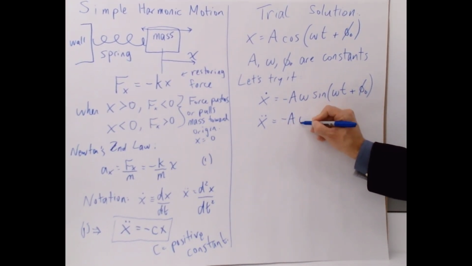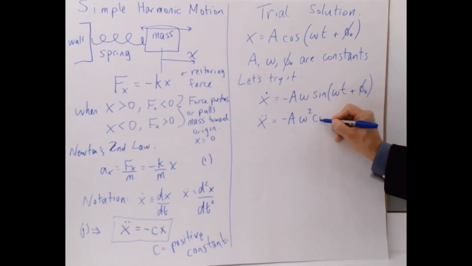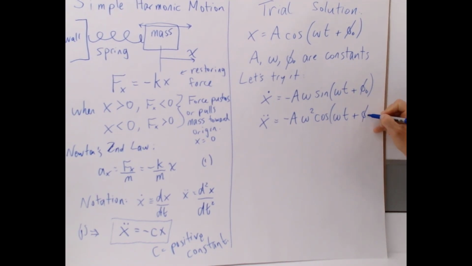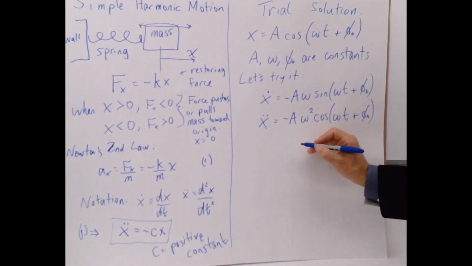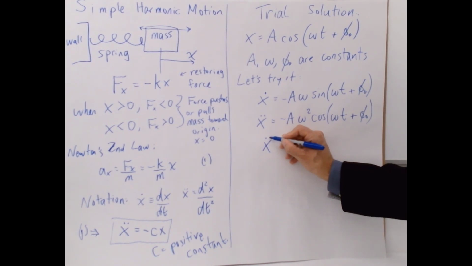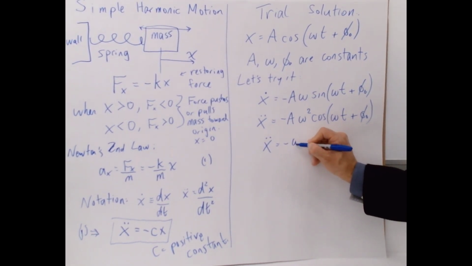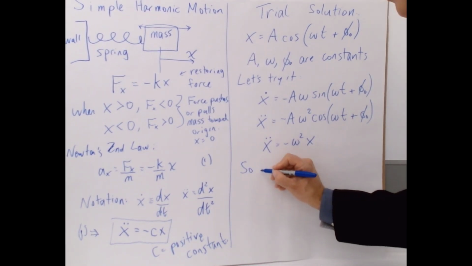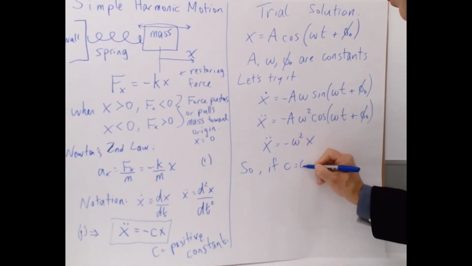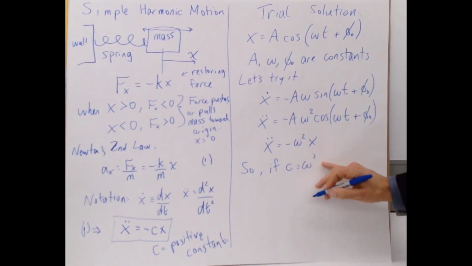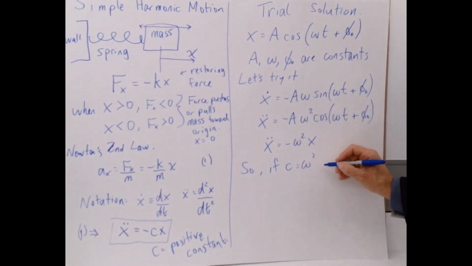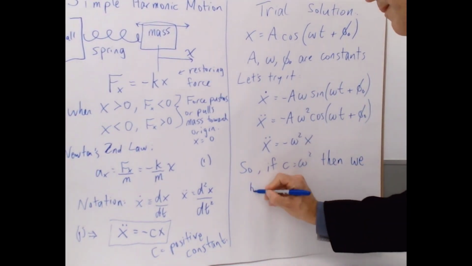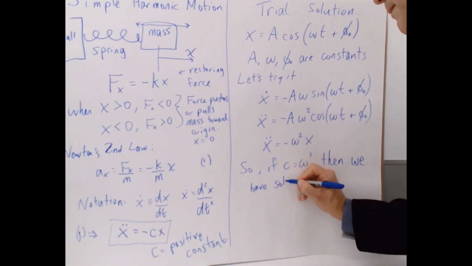You get negative A, another omega comes out, so you get omega squared, times cosine of omega t plus phi naught. And lo and behold, x double dot is equal to negative omega squared times x. So what this means is that if your constant is equal to omega squared, and it's positive because that's squared, as long as omega is real, then we have solved it. And that's how you do it.